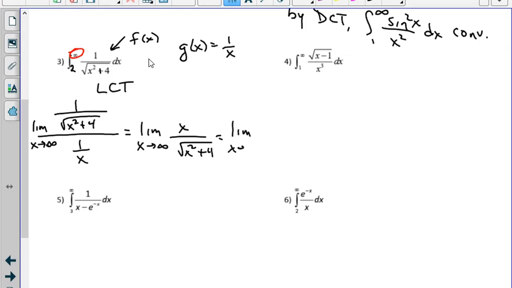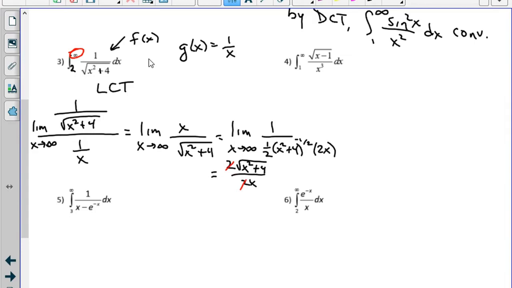So I can say the limit as x approaches infinity is 1 divided by 1/2 times x squared plus 4 to the negative 1/2 times 2x. Rewriting this by the rules of fractions, I would have 2 root x squared plus 4 over 2x.